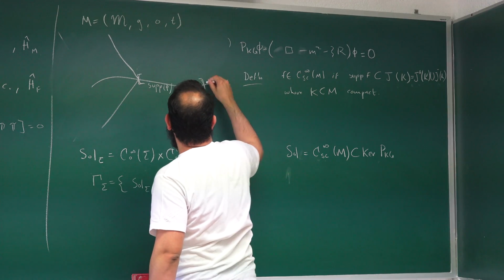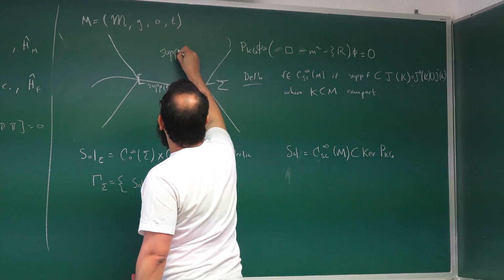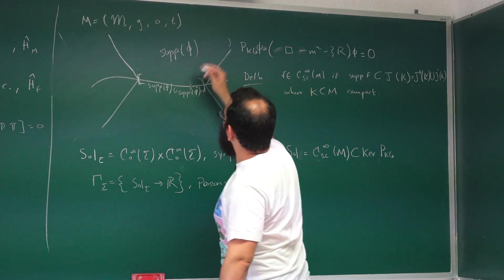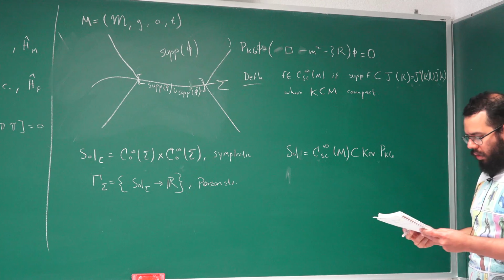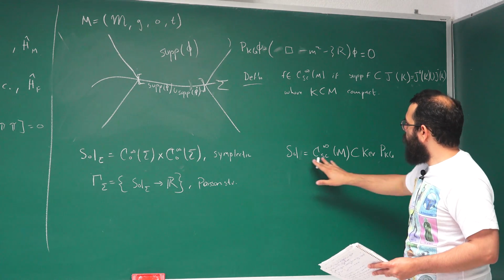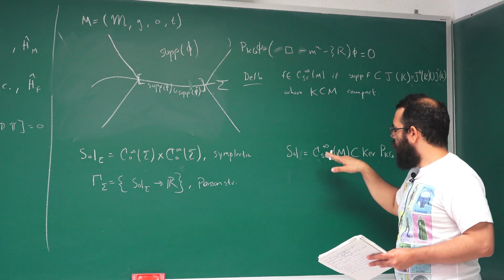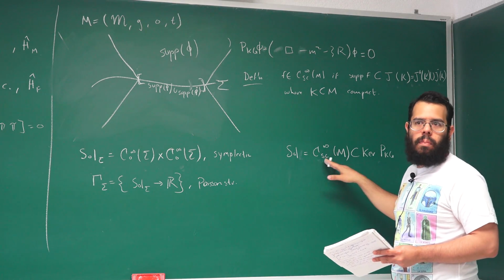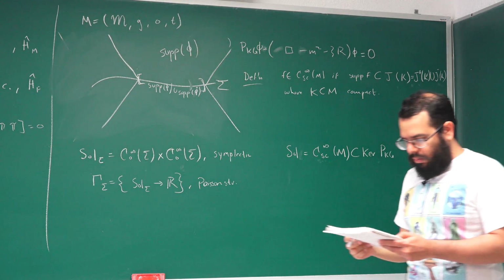And then I have the solutions that are supported on this region, with spatially compact support. So the solution space, when I consider initial data of compact support, is smooth functions of spatially compact support that are in the kernel of the Klein-Gordon operator. That's the space of solutions.